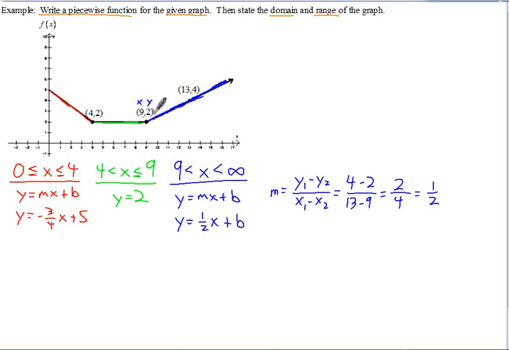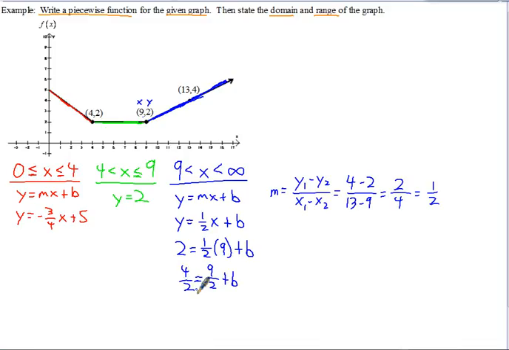So I'm going to use 9, 2 to substitute in for x and y. So the y-coordinate is 2 when the x-coordinate is 9. And then on the right side, 1/2 times 9 simplifies to just be 9/2 plus b. And to make this easier to solve for b, I'm just going to get a common denominator. 2 is the same as 4/2.